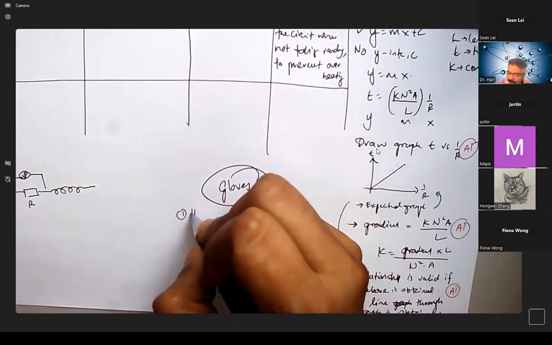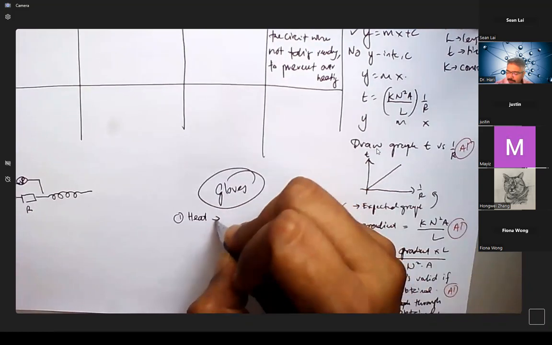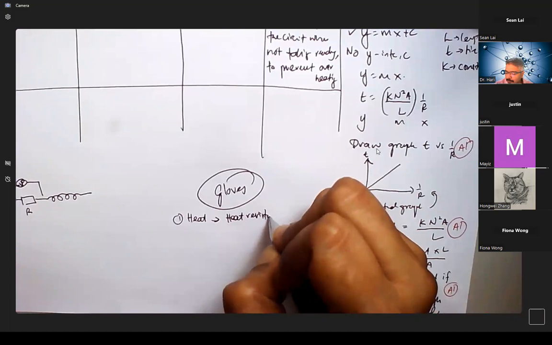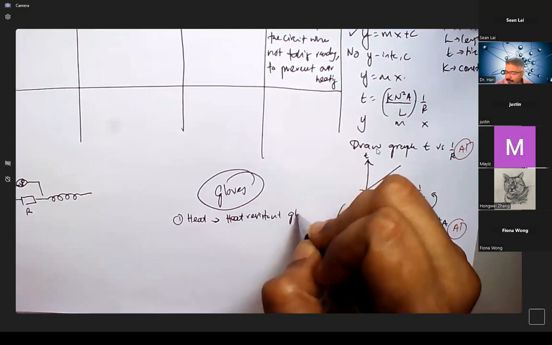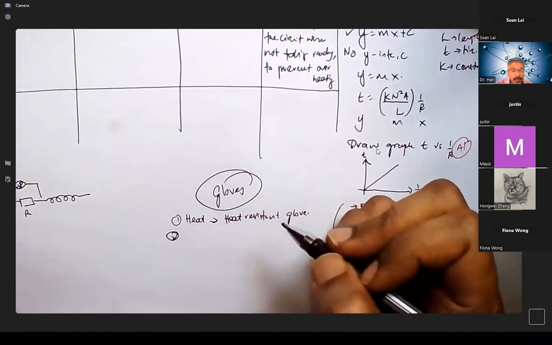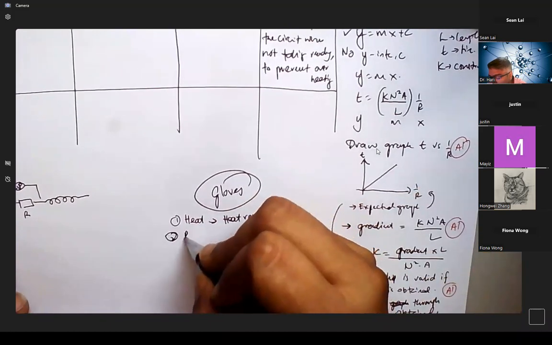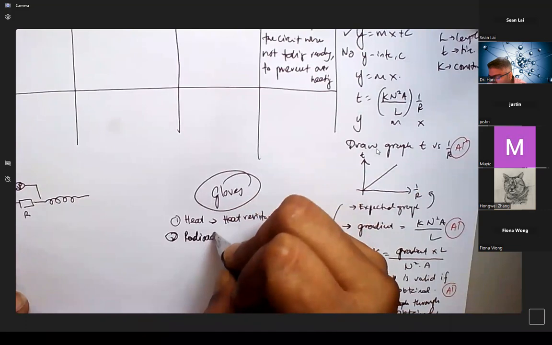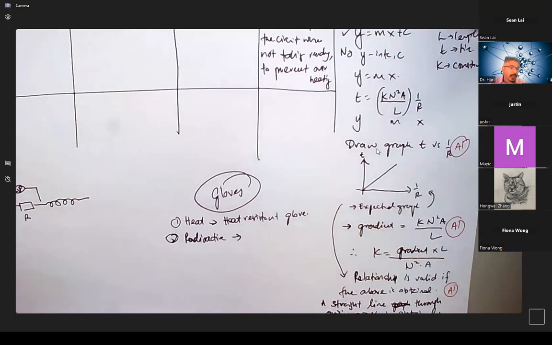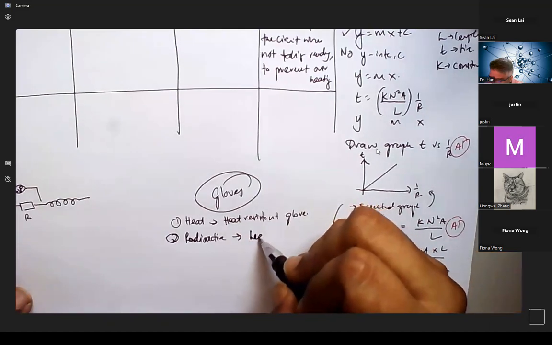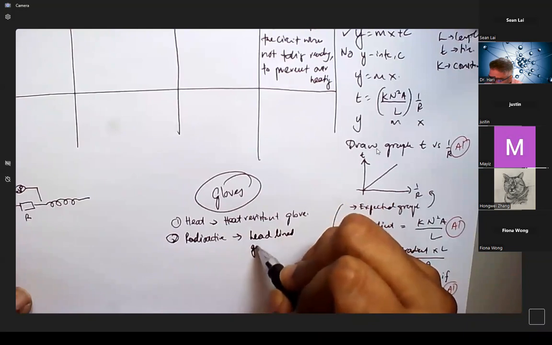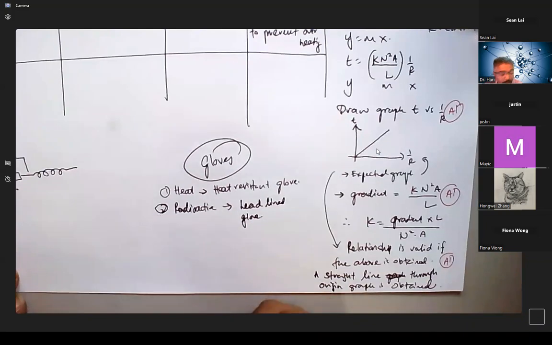Number one, for heat related, you can say heat resistance glove. If you're dealing with radioactive material and you need to hold it, then we use lead-lined glove.